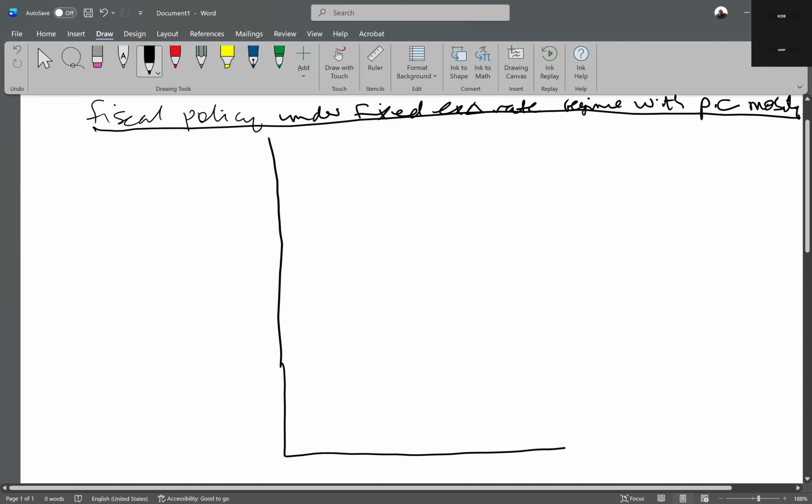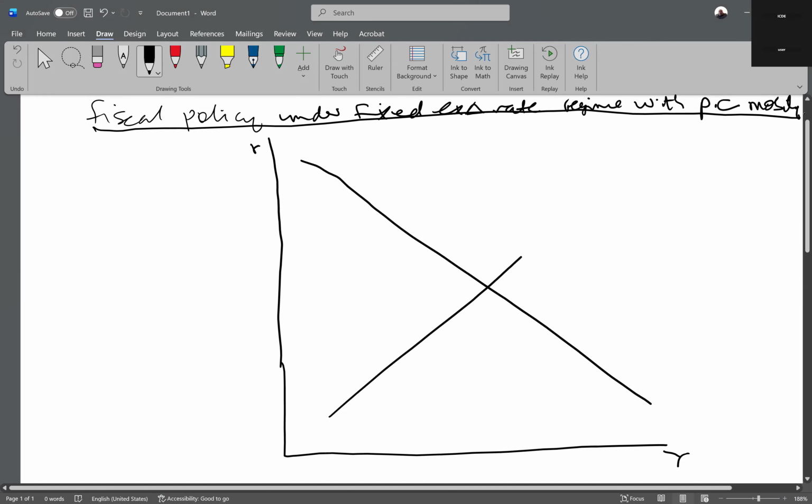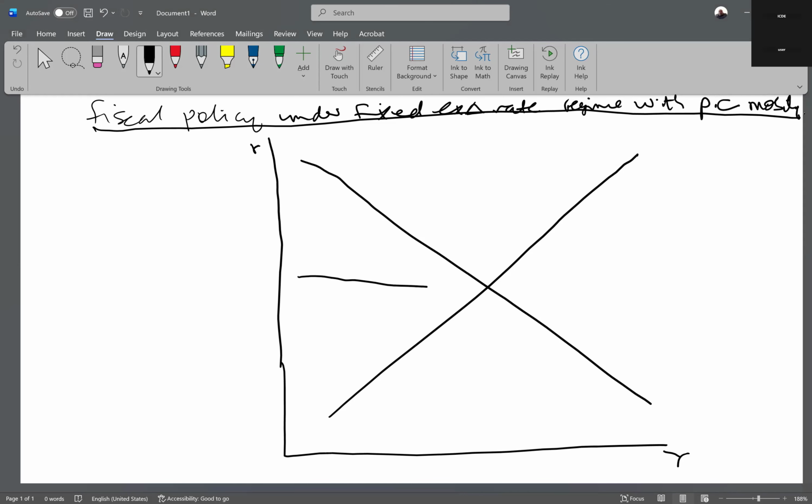So for fiscal policy, you have the axis Y, and this is R. So we have the IS curve, the LM curve, then we have the BP curve. We are saying perfect capital mobility, so the BP curve is what? Horizontal.